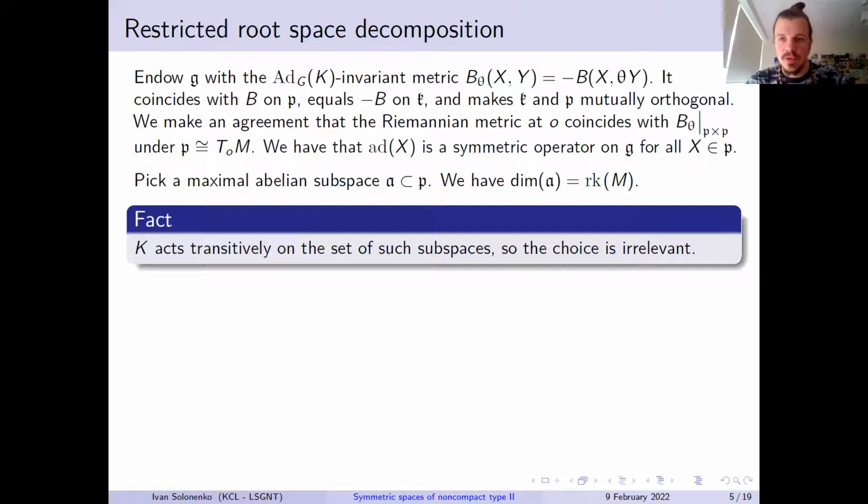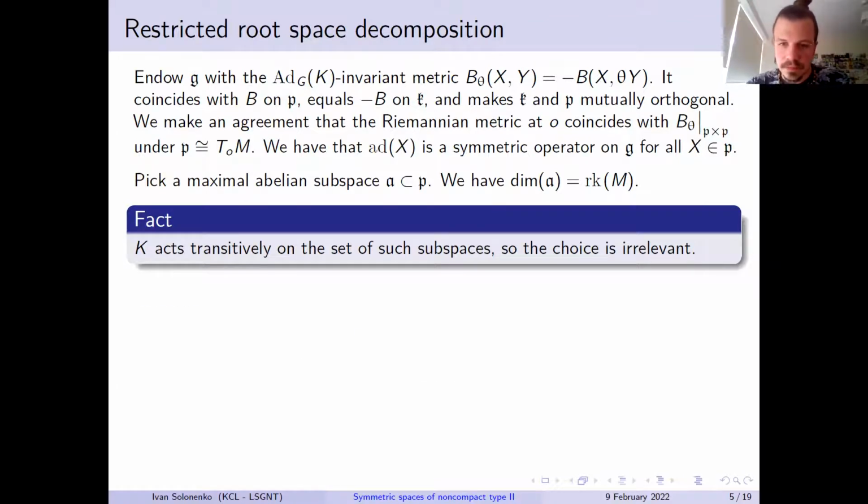Now what I want to stress is that K, with the adjoint action, acts transitively on the set of such maximal abelian subspaces in 𝔭. This fact was alluded to, or maybe explicitly mentioned, in the first talk about polar actions in December, because basically this can be interpreted as the fact that all sections of a polar action can be obtained from one another by group action. So the choice of 𝔞 doesn't matter.